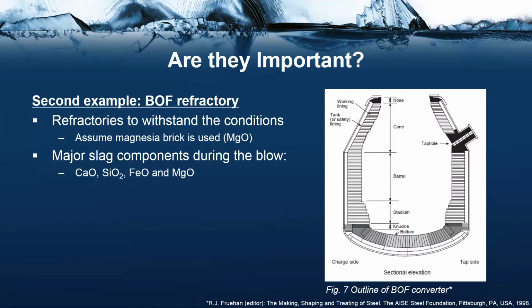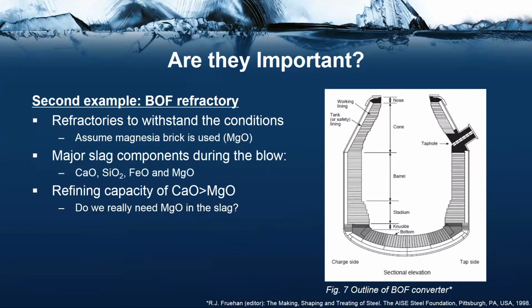The refining capacity of sulfur and phosphorus is greater for CaO than for MgO. So we ask ourselves, do we really need MgO in the slag if the refining capacity is worse? Well, the fact is yes. And why? We have to take a look at the phase diagram.